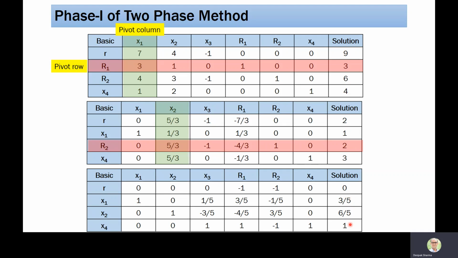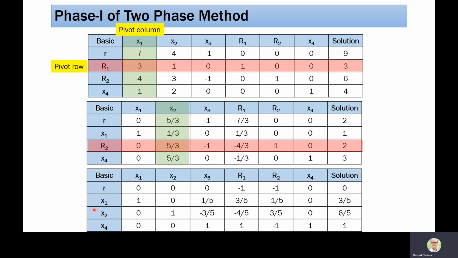Is this solution feasible? Yes. Why? Because X1 is greater than 0, X2 is greater than 0, X4 is also greater than 0, and the other variables R1, R2 and X3 are non-basic, meaning they are 0. So we can say that this is a basic feasible solution for the problem.